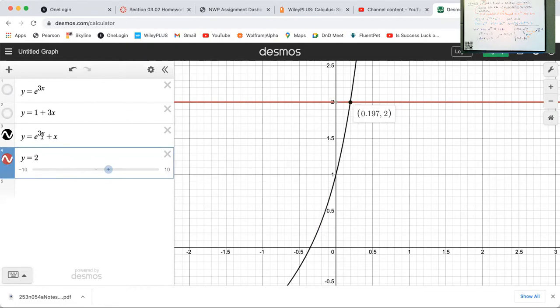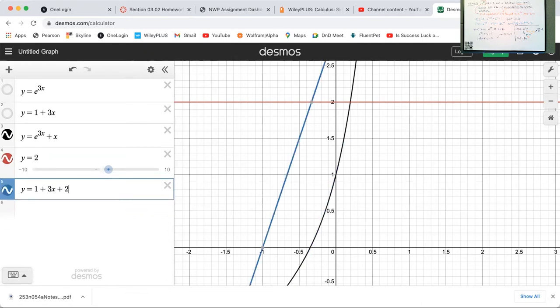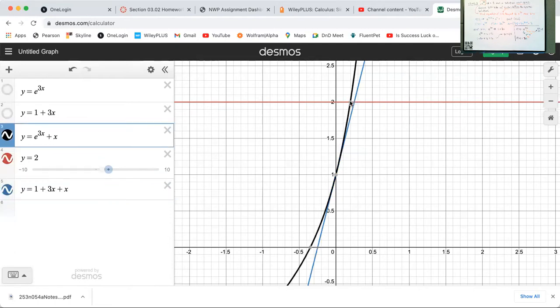Instead of e to the 3x, I replaced it with 1 plus 3x, the tangent line, plus x. The actual solution we're looking for is 0.197, but the solution that we found was 0.25. So our solution was a little bit off because we were using an approximation of e to the 3x, not exactly e to the 3x.